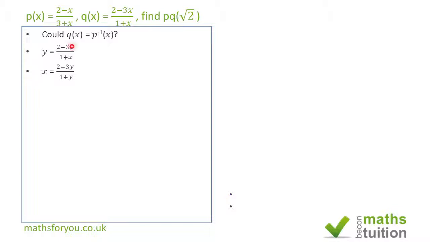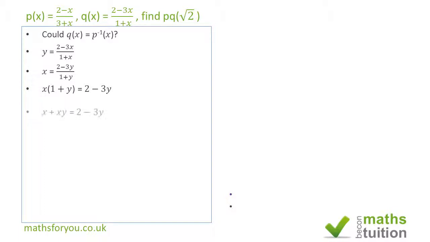So this x is now replaced with y, and this x here is replaced by this y here. Now when we multiply across, we end up with x into 1 plus y is equal to 2 minus 3y.